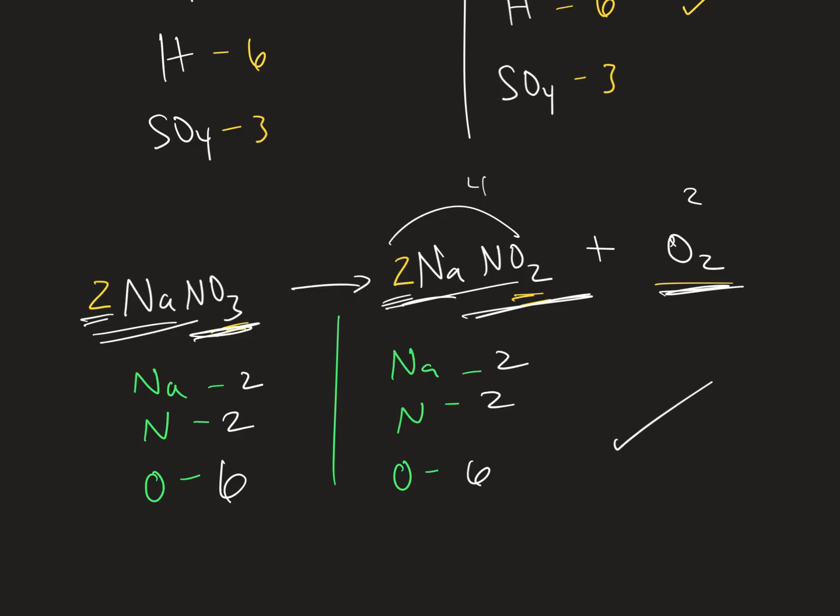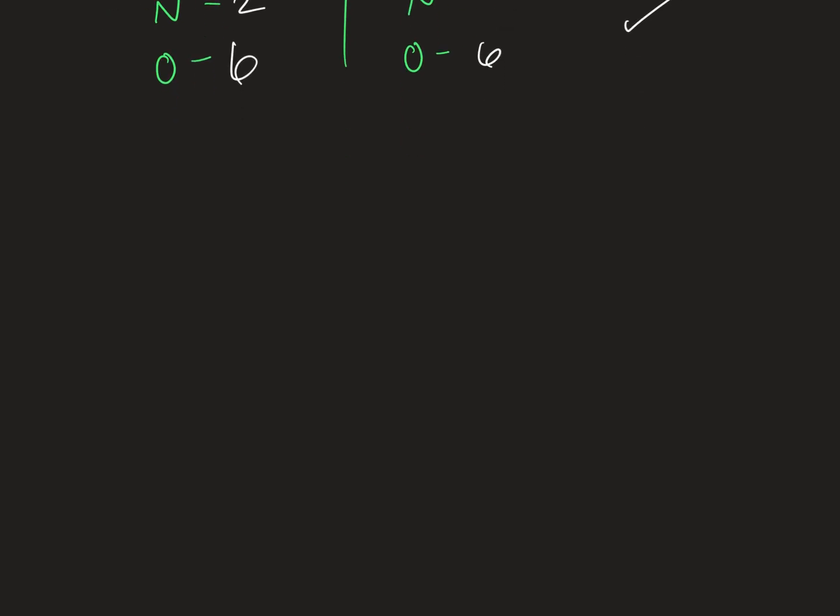Good? Yeah. Can we do the second one in the first column? Yes. So we have C2H6O plus oxygen gas. Anybody know? Oh, we know what we get. Same thing, right? Carbon dioxide and water.